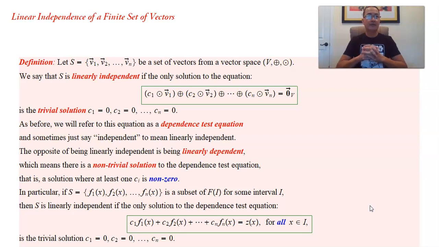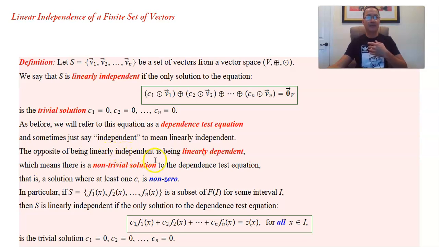Let S, V1 through Vn, be a set of vectors from V. We say that S is linearly independent if the only solution to the equation, which is again called the dependence test equation, C1 V1 plus C2 V2 all the way to Cn Vn equals the zero vector, is the trivial solution where all the coefficients C1 through Cn have to be 0. We abbreviate it as just being independent.